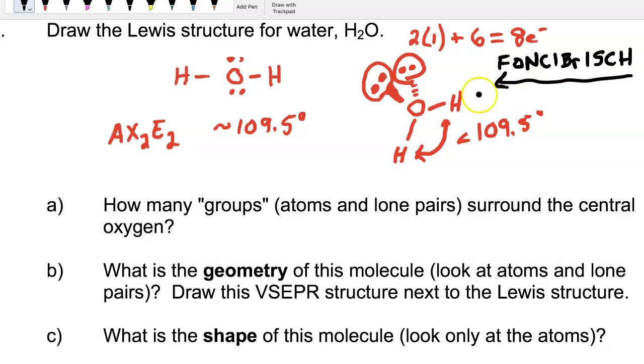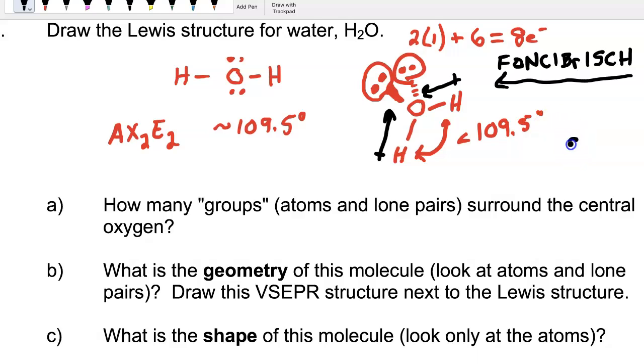And because oxygen is so much more electronegative than hydrogen, it's going to pull electrons over toward it. So if we draw an arrow from the less electronegative atom to the more electronegative atom, sometimes we put a little plus down here next to hydrogen because it's less electronegative, and then another arrow like this for the bonds, both of those arrows are pointing up toward the oxygen, which means that's going to be the side of the molecule that is the negative side, and the hydrogen side is going to be positive.